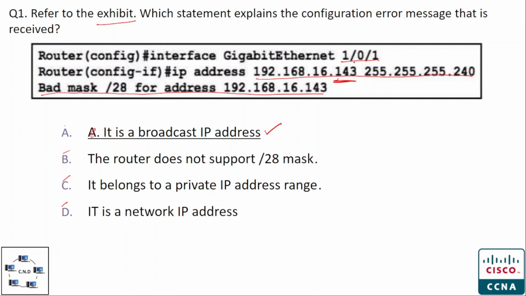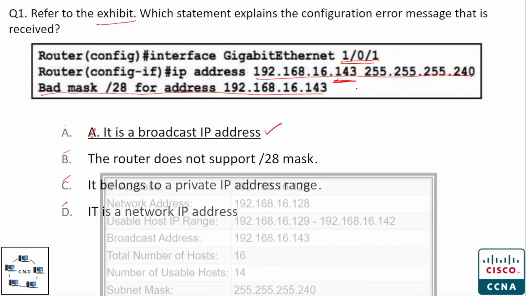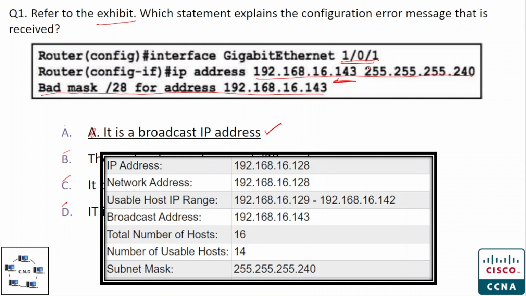Therefore, you cannot assign this to any interface. The broadcast IP address and the network IP address are not assignable to the interfaces. So if we break down this particular network, here we can see that this is the network address of this particular network.